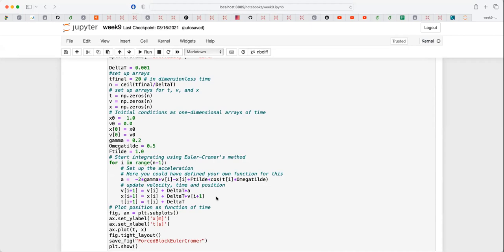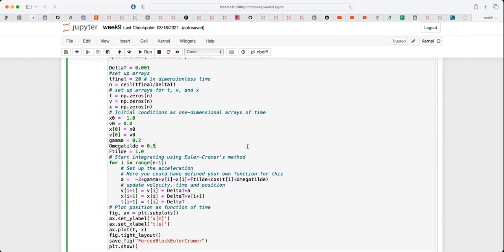Euler-Cromer method. And I just wanted to mention this in connection with the midterm, because you're being tasked with checking if energy is conserved or not. So if you use Euler's method, this term v[i+1], which you see here, let me increase the font a little bit so that you see better.